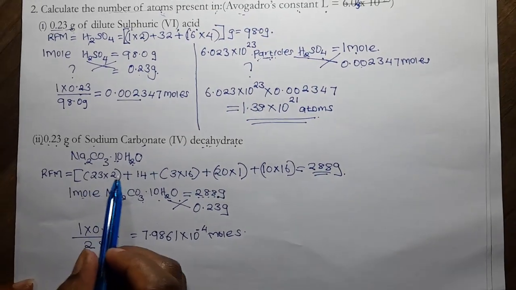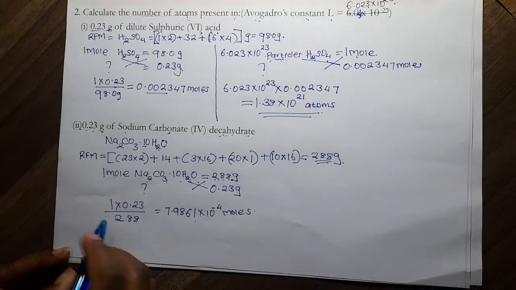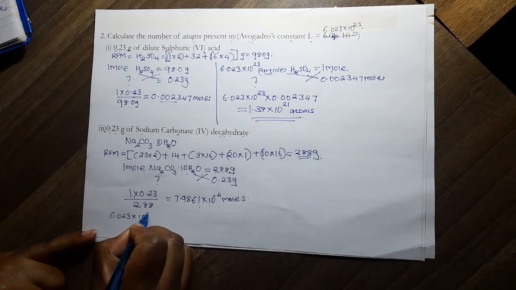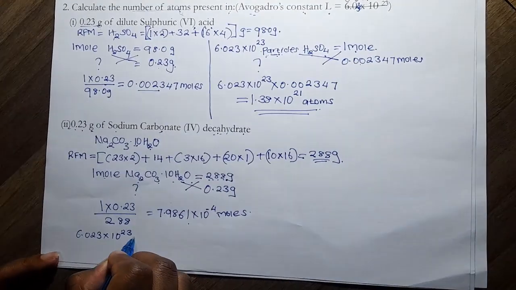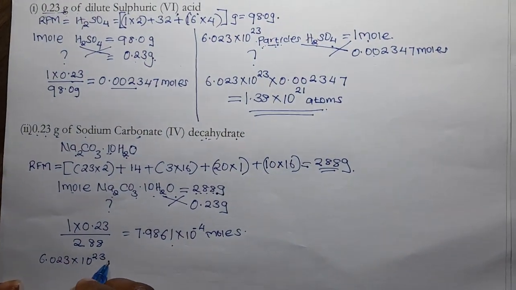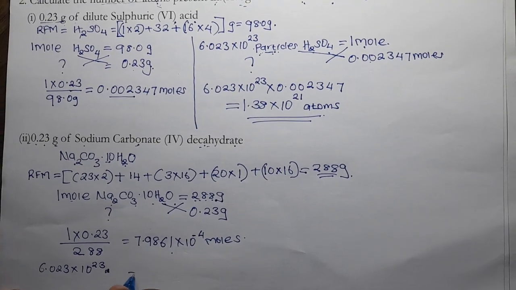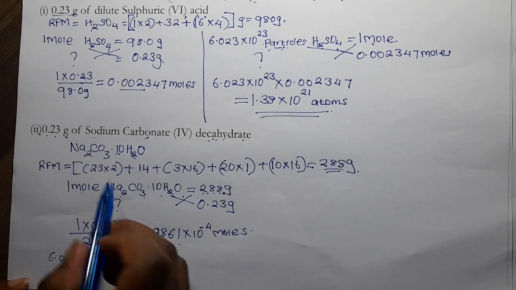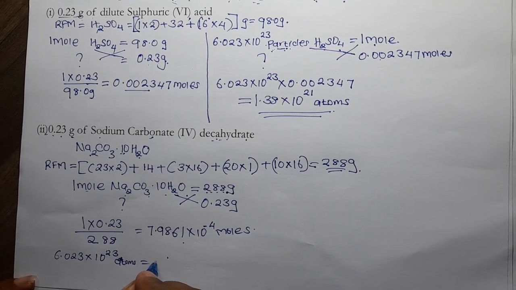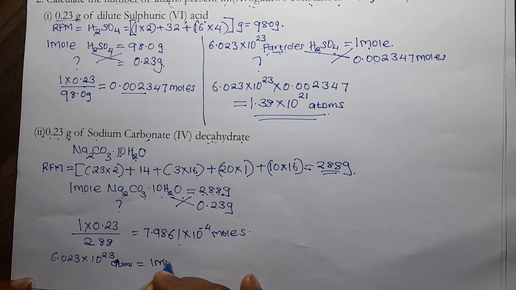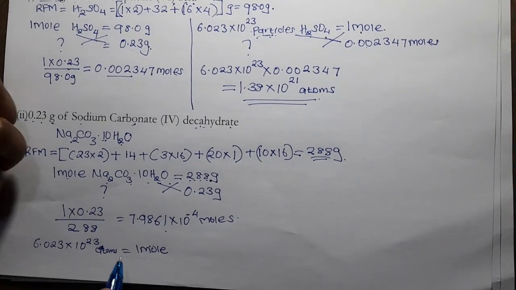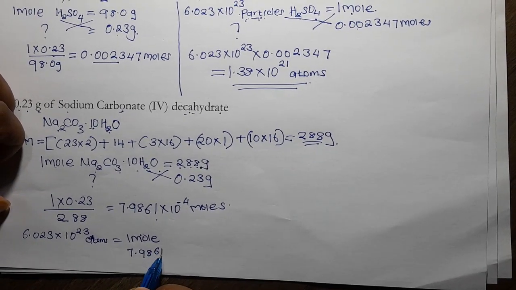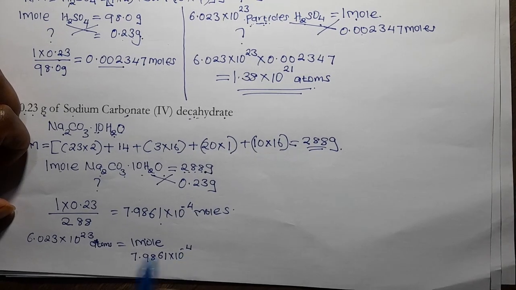So we want the number of atoms present. So we know 6.023 multiplied by 10 raised to power 23 is equal to 1 mole. This is the number of particles of sodium carbonate decahydrate in 1 mole. So what about 7.9861 multiplied by 10 raised to power negative 4?